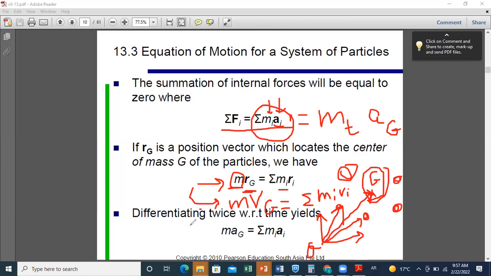And if I differentiate another time, I get that the total mass times acceleration of G is equal to the summation of m_i a_i. So I can deduce that whenever I have a system, I can replace the sum of external forces acting on it by the total mass times the acceleration of the center of mass of the system.